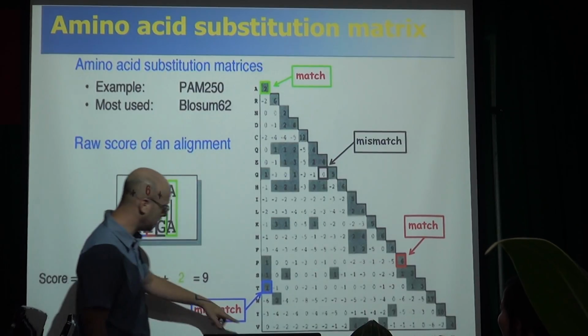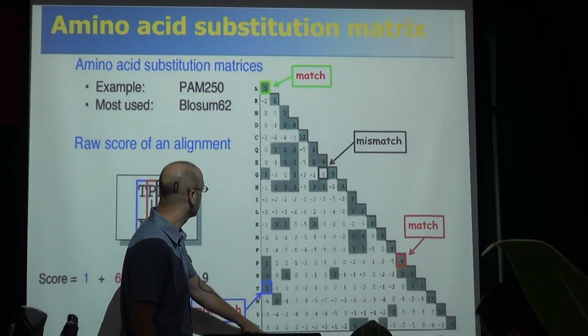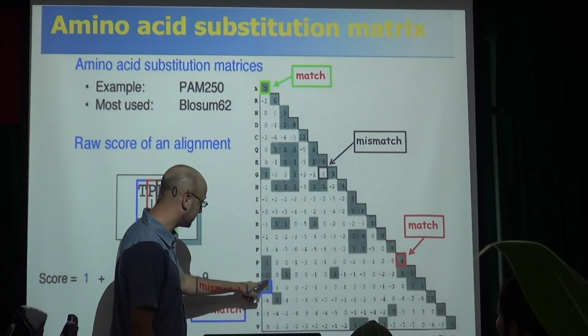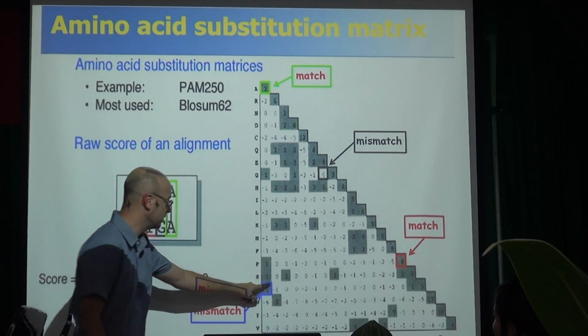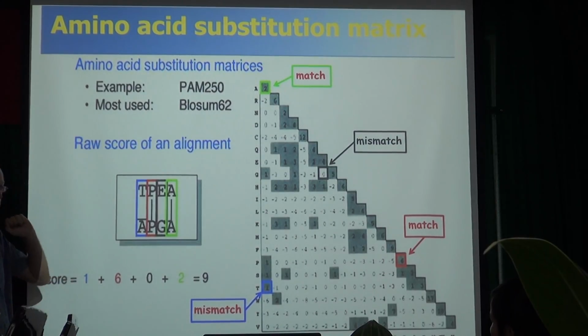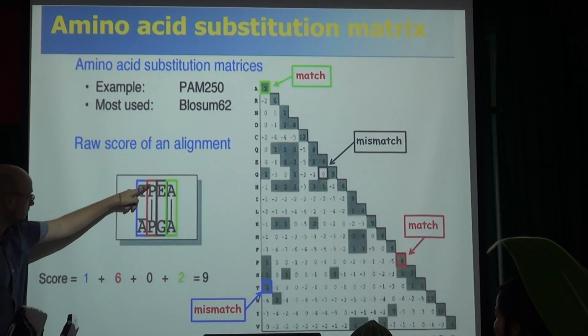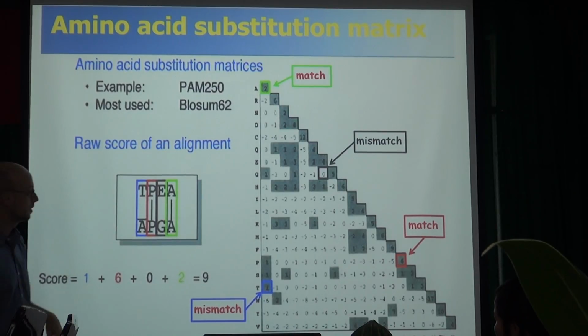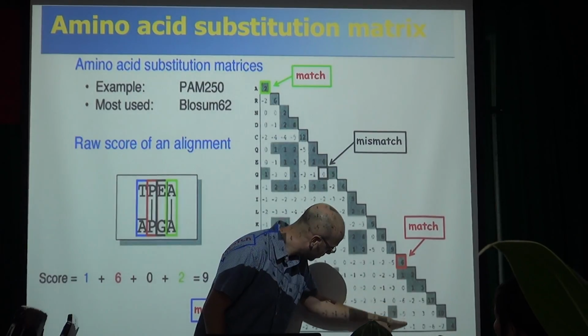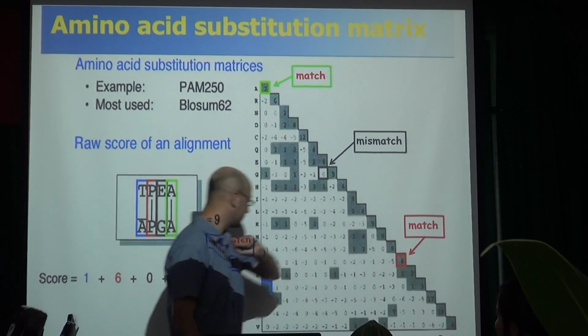So you go here, between A and T, and you see the score is 1. So you start with 1. Then you have P and P. You go here, P and P, the score is 6.